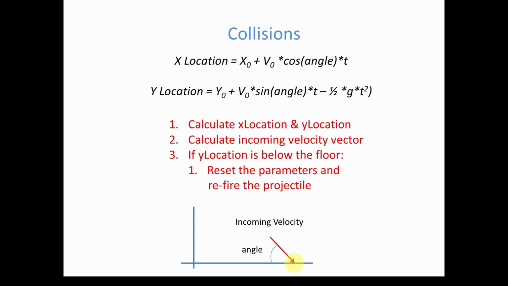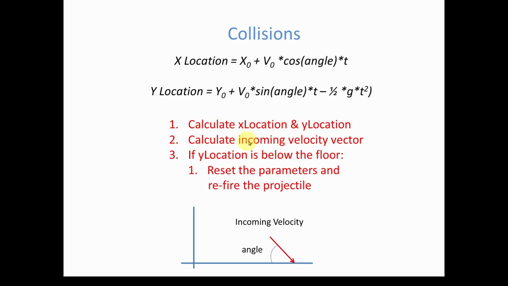We're refiring it with a new angle, with a new velocity, and we can even use a new start from zero simulation time. So really, when it hits the floor, it's like we are restarting our simulation with new numbers, and we can treat our code like that, where we just basically reset the parameters and refire the projectile from this location where it hits the ground.